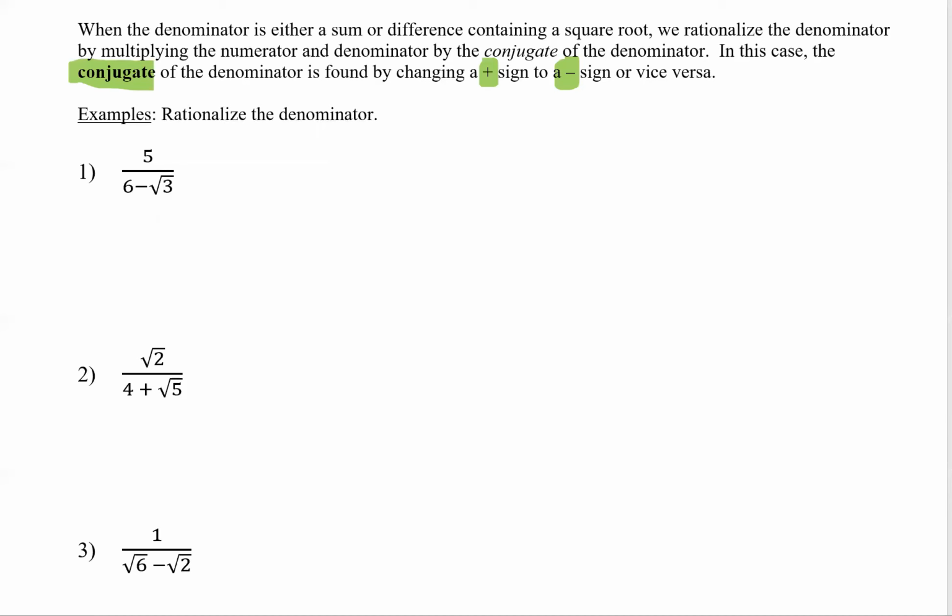So for number 1, the conjugate is 6 plus square root of 3. So we're going to multiply both the numerator and the denominator by 6 plus the square root of 3. So in the numerator, that's 5 times 6 plus square root of 3.